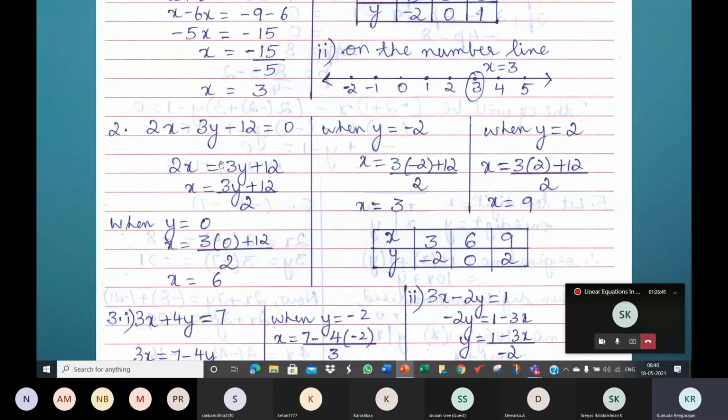So here's how we make the table. This is the equation given. So we need to prepare this XY table, make the graph, and find out where the line intersects the x and y axis. Where the line intersects the x and y axis can be found even without making the graph. We'll also discuss that.